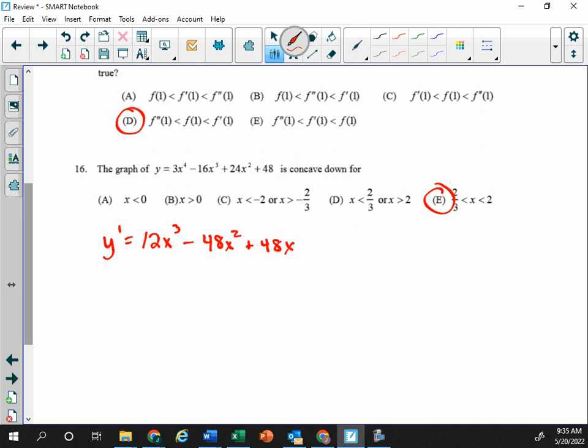Okay. Second derivative minus 96x. You okay with that?